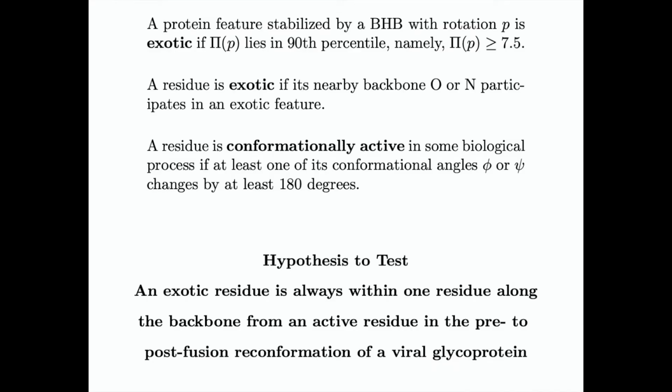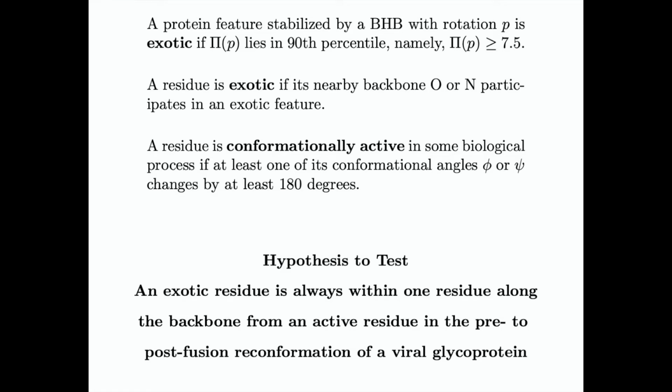Then the precise hypothesis to be tested for viral glycoproteins is that an exotic residue lies within one residue along the backbone of a conformationally active one in the transition from pre to post-fusion conformations. We do not, however, assert the converse, that conformational activity implies exoticness. It's not valid.